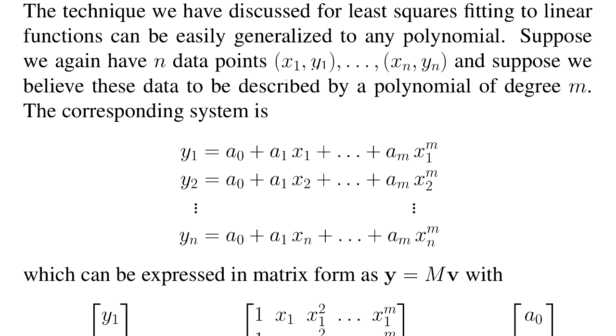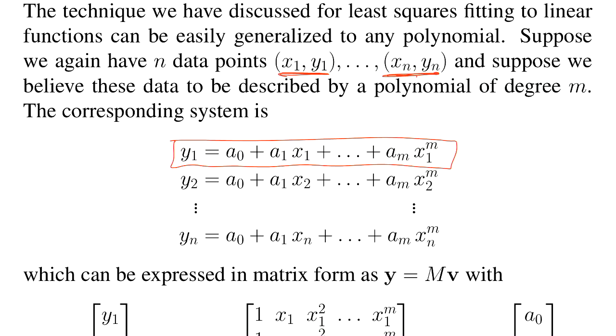You still take your measurements: for each different temperature value, you measure the pressure. And then you don't stick those data points into the equation for a line. You stick them into the equation for whatever degree polynomial you're interested in. So there's some arbitrary coefficient sitting in front of the constant, another in front of x, another in front of x squared, and so on, up to some coefficient in front of x to the m, if m is the degree you think your polynomial should have.